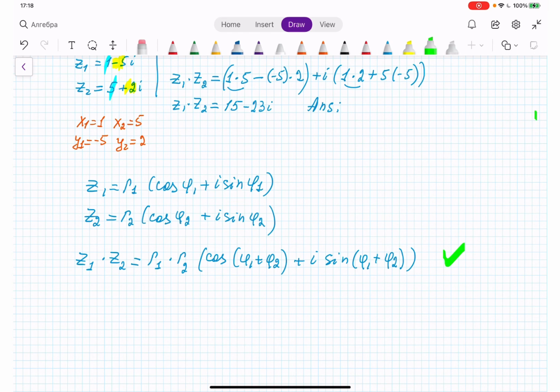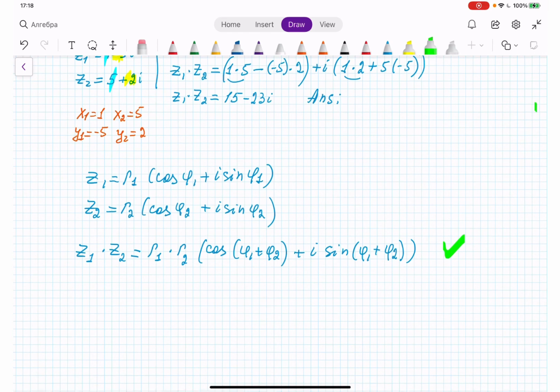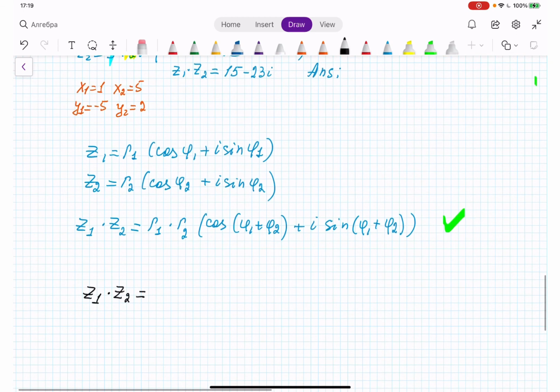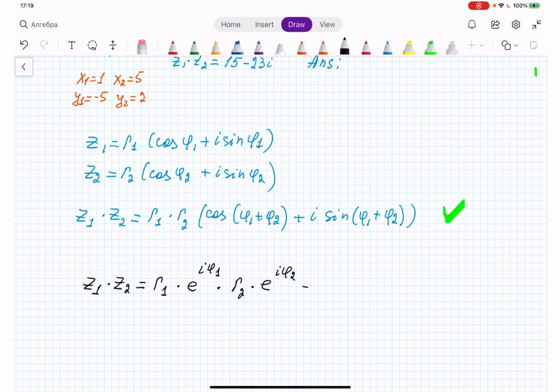Okay, and for the product of complex numbers in exponential form, it's going to be z1 times z2 is equal to r1 times e to the power i phi1 times r2 times e to the power i phi2, and this is equal to r1 r2 times e to the power, following the properties of exponents.